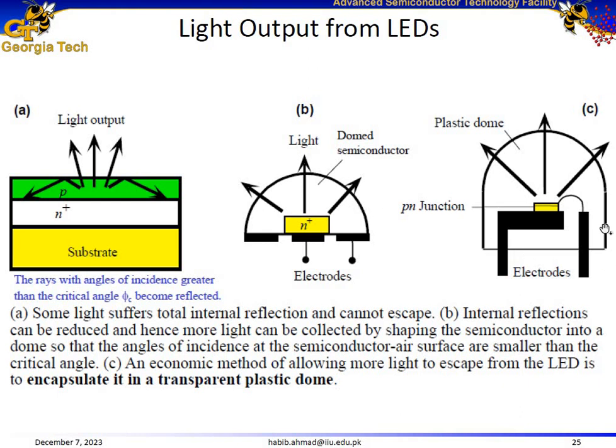Another solution is to encapsulate this light emitting diode with a plastic dome or with an epoxy dome, and this results in better escape of photons from the light emitting diode structure, because the refractive index of plastic actually closely matches with air as compared to the refractive index of semiconductor, for example silicon, with air. So this matching of the refractive indices makes it convenient for light to escape from the light emitting diode configuration.